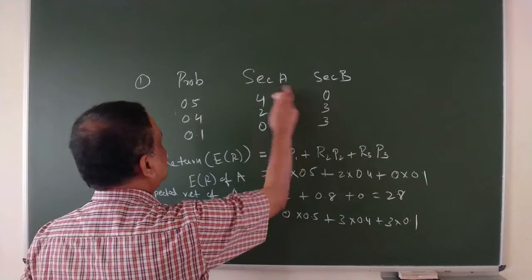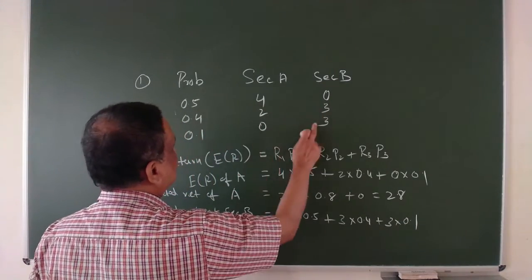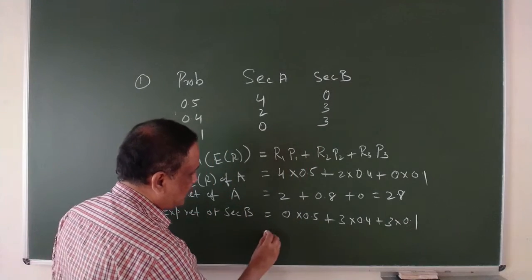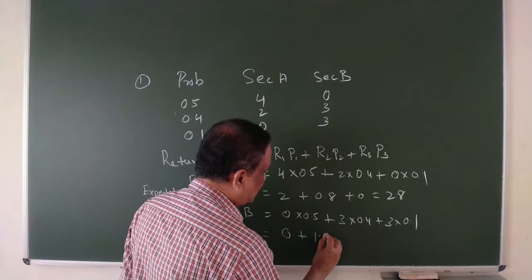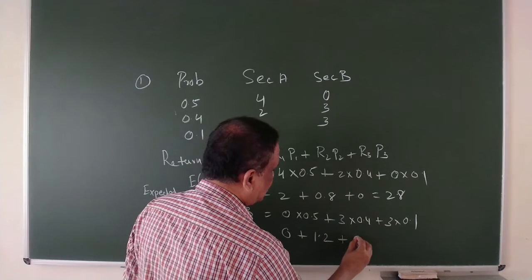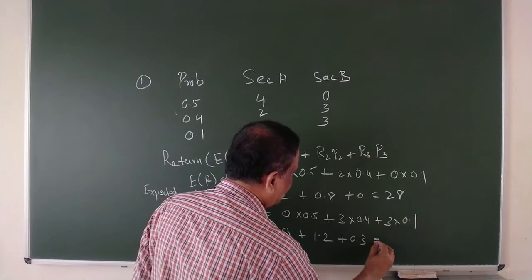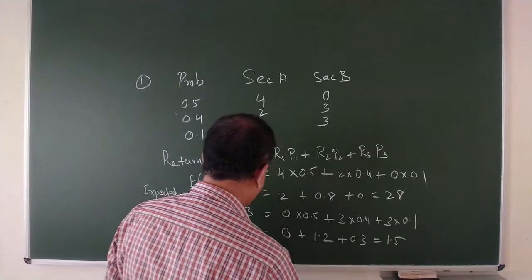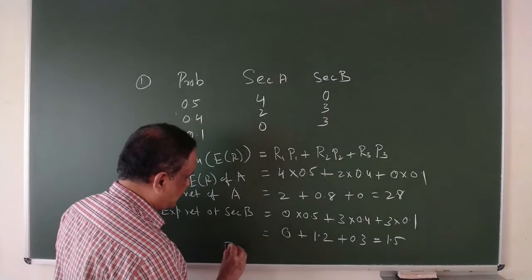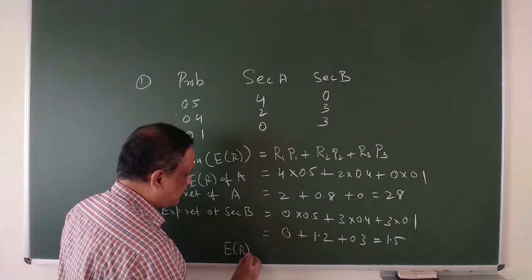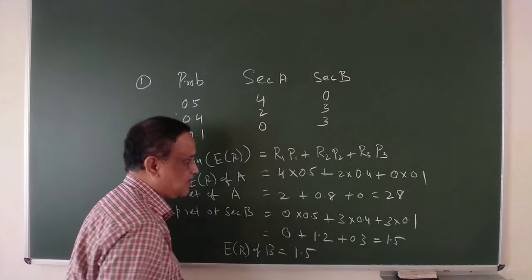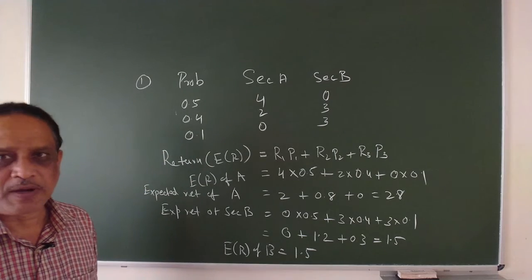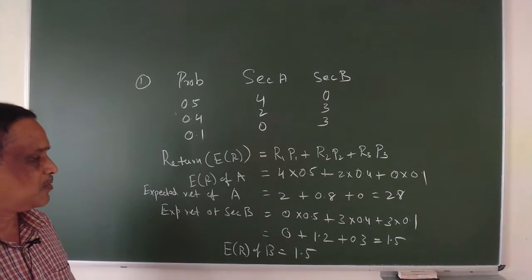This into this, this into this, this into this. The first term will be 0, then 1.2, plus 0.3, so you get 1.5. So the expected return of B is 1.5, and the expected return of A is 2.8.